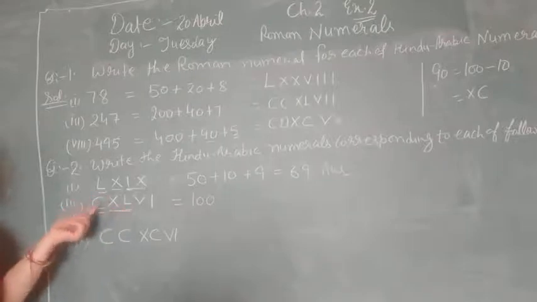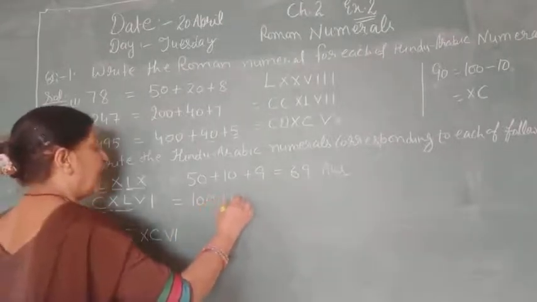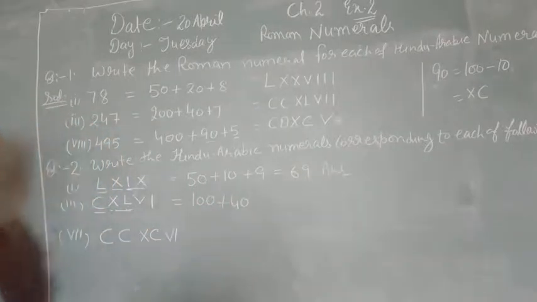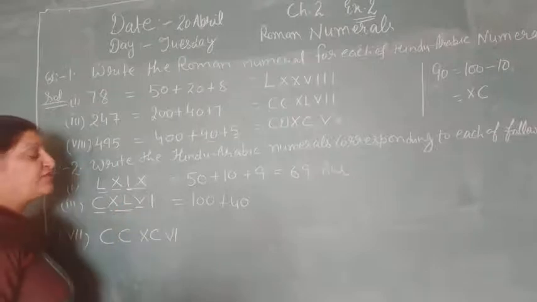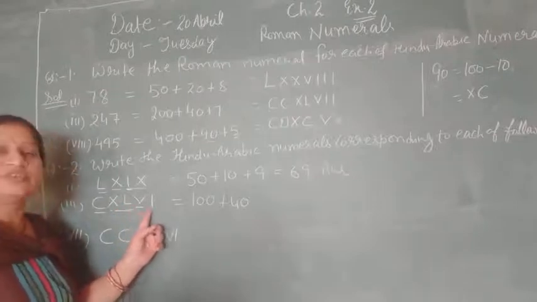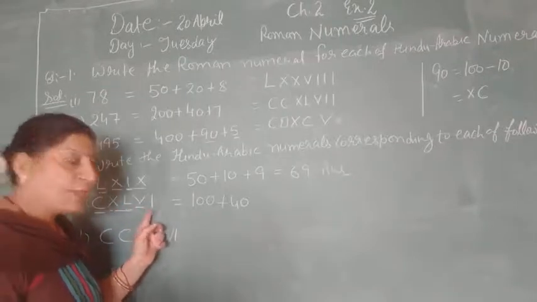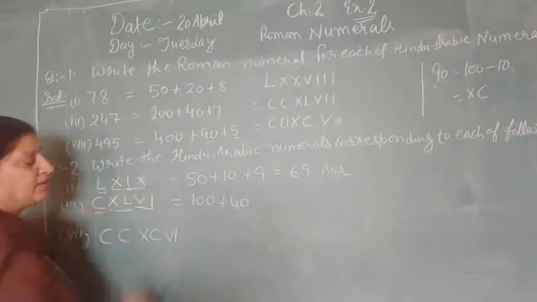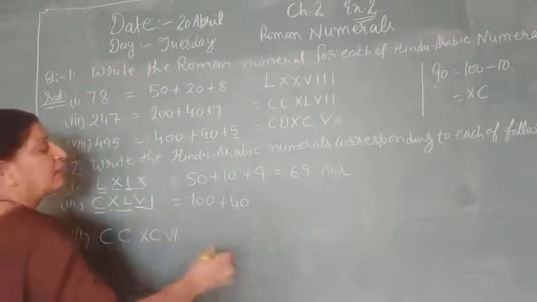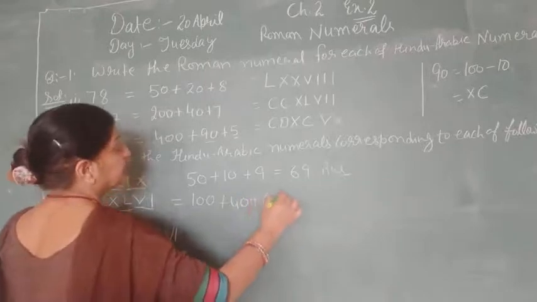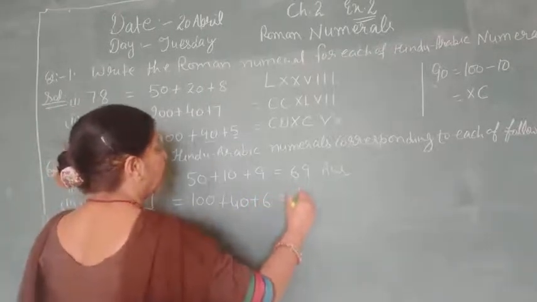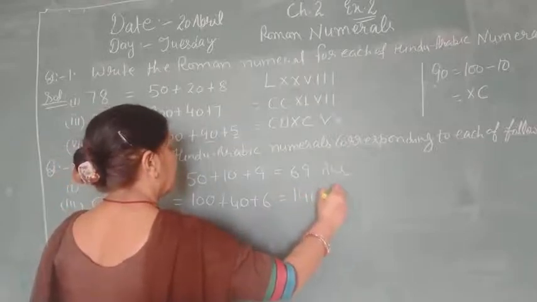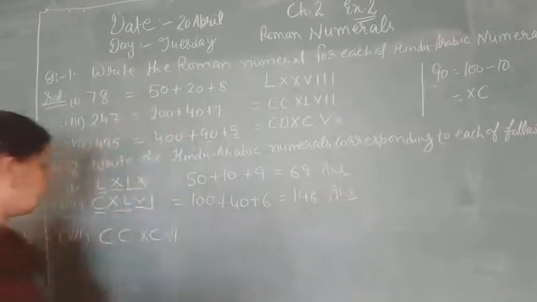So we subtract 10 from 50, then we get 40. And here we write 40. Now our next symbol is V. V is used for 5 and I is used for 1. So this number is equal to 6. Now after adding all these numbers, we get 146, and this is our answer.